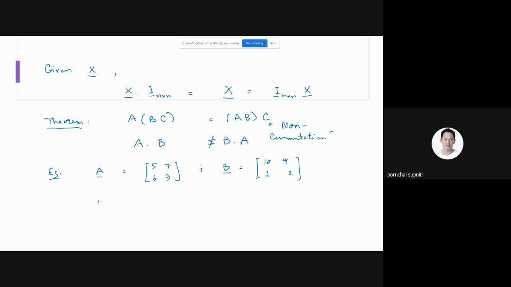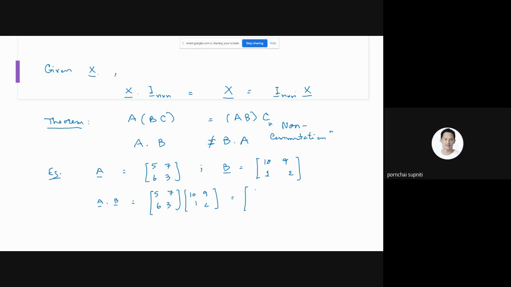So let's multiply A times B. What do we get? I write like this: 5, 7, 6, 3, and multiply with 10, 9, 1, 2. Given the matrices from Pure and Thanatson, maybe Thanat can help me multiply this one.